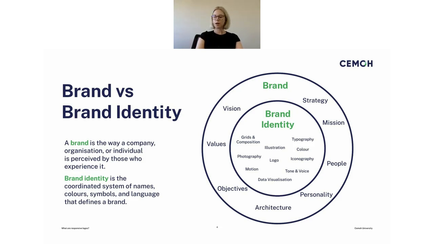All of those things together bring together the personality of the brand. And it's this brand identity that acts as an aesthetic symbol, giving full meaning to the strategy and the vision that you're trying to communicate to your customers.